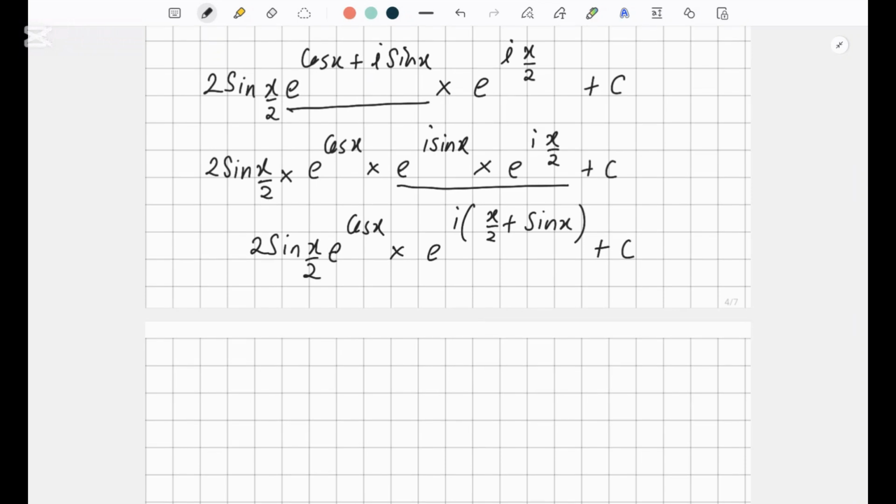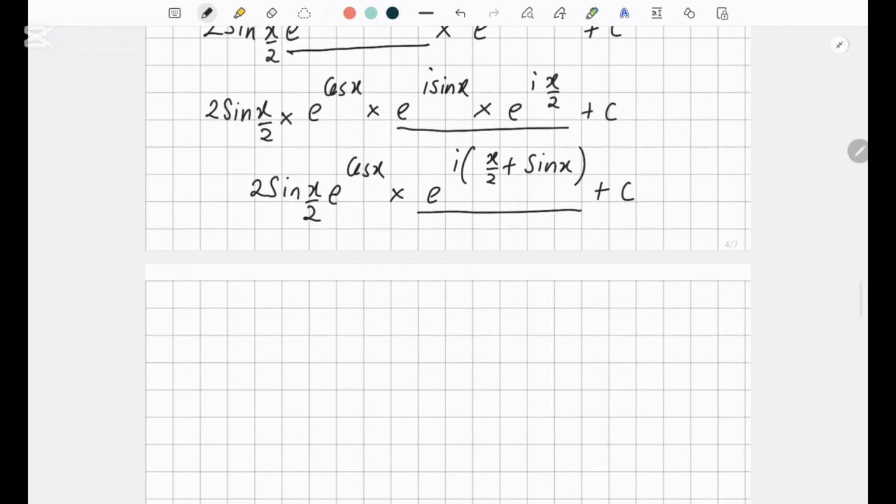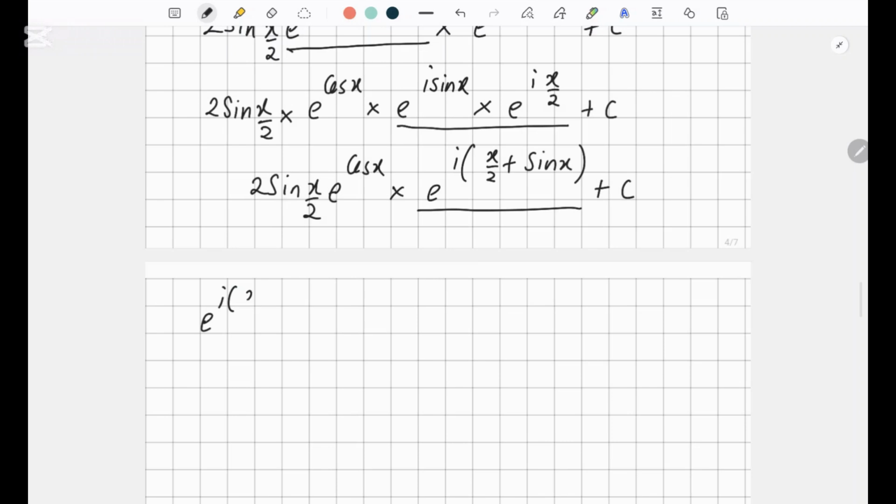Now when writing the final answer, I told you guys it's always the real values that we need to consider, the real terms. So what's this? e to the power i(x/2 + sin x) is cos(x/2 + sin x) plus i sin(x/2 + sin x).